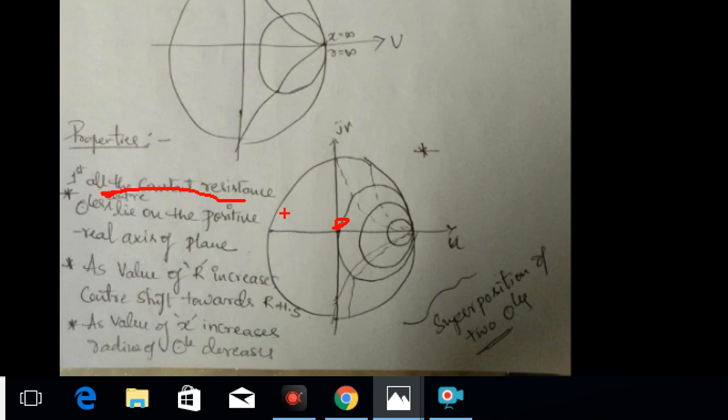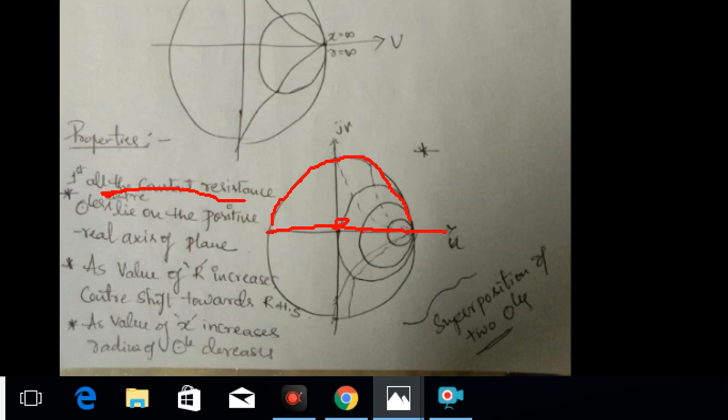So this is the upper circle where we can find them; all the centers lie on the positive real axis, here, here, like that.